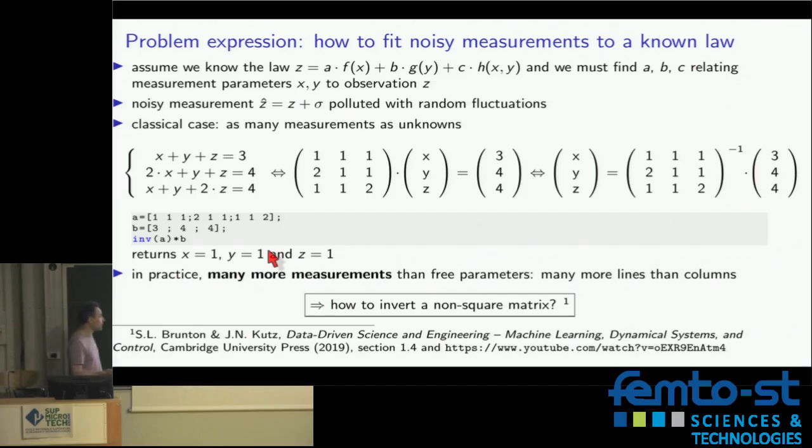So what happens if you have many more measurements than parameters? Your observations are a huge vector b, you've got a few parameters, and this matrix is not going to be square at all. It's going to be very long, with few columns and many lines, and you would like to apply the same theory.